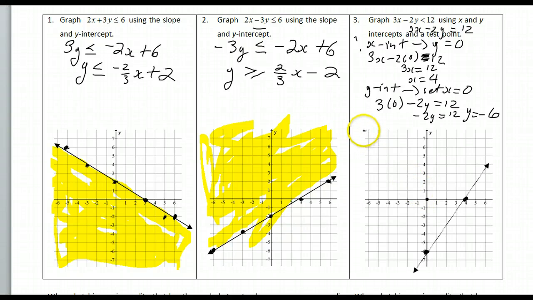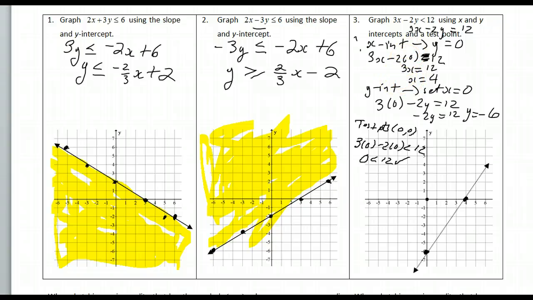Test point 0, 0. So we've got 3 times 0 minus 2 times 0 is less than 12, which is 0 is less than 12, which is true. And that means the test point is in the solution region, and so I'm going to highlight above.